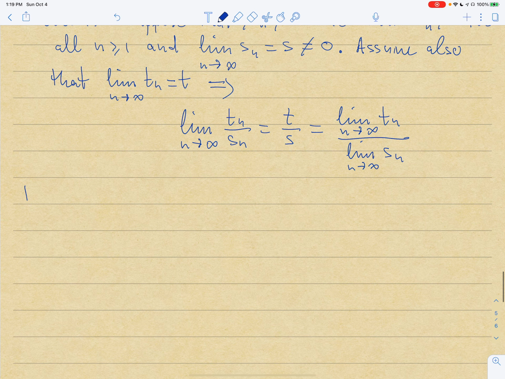How would we prove this? We're just going to appeal to the two previous theorems.